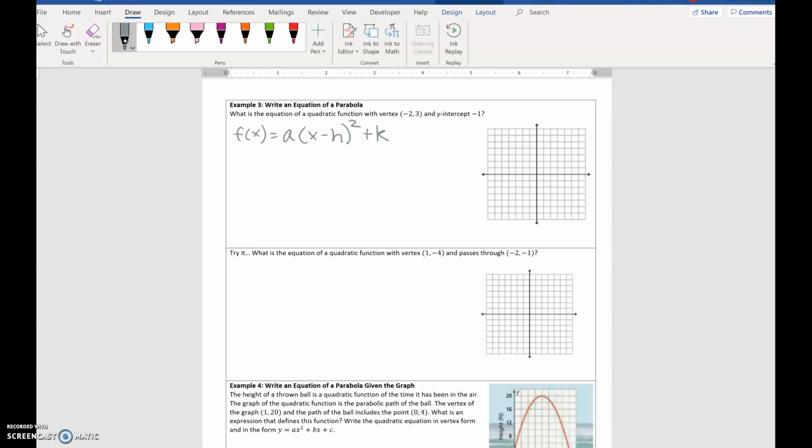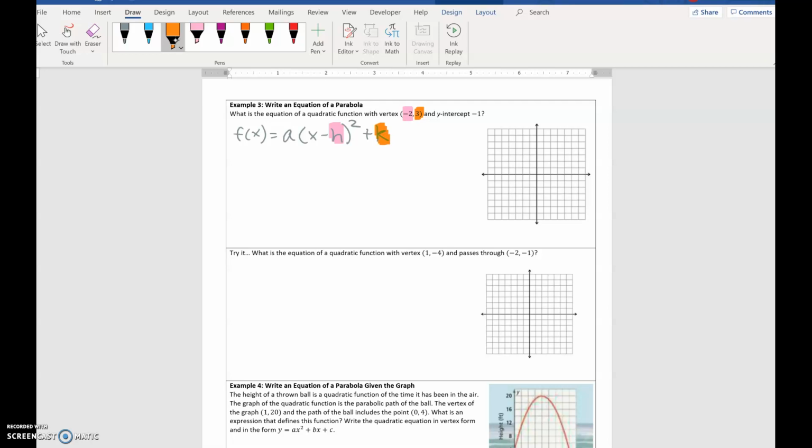What is the equation of a quadratic function with vertex (-2, 3) and y-intercept of -1? So our h value right here, remember, is the x value of our vertex. And then our k value is the y part of our vertex.